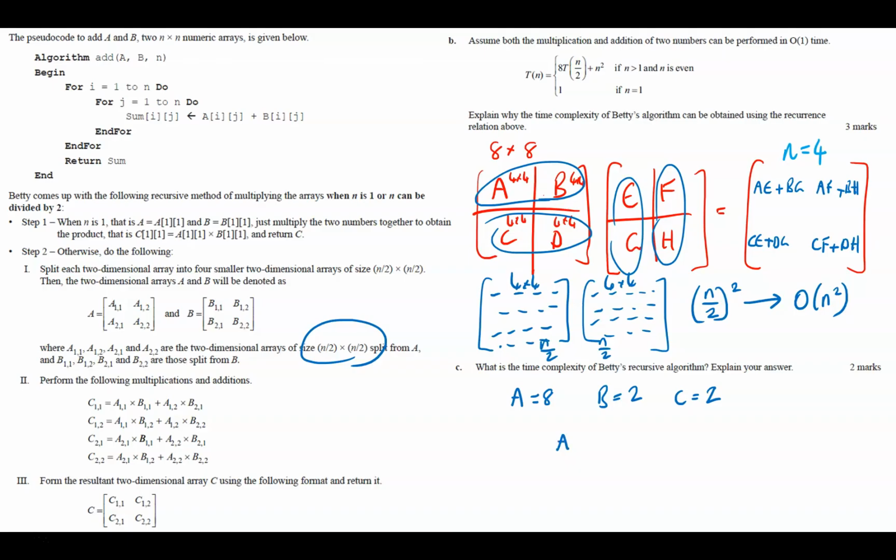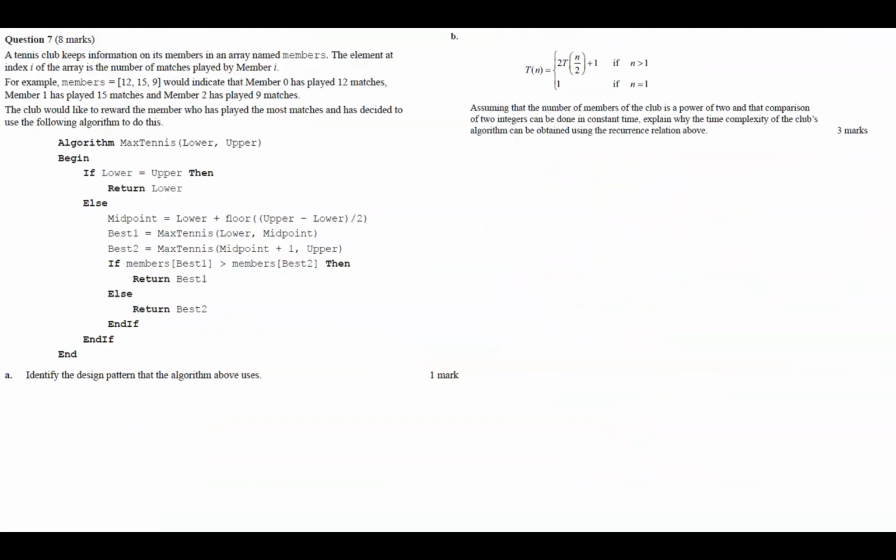We're comparing A with B to the power of C, and we can see that 8 is greater than B to the power of C. We go back to our previous slide with the master theorem, and we can say it's going to be big O of n to the power of log base B of A, which is going to be big O of n cubed.